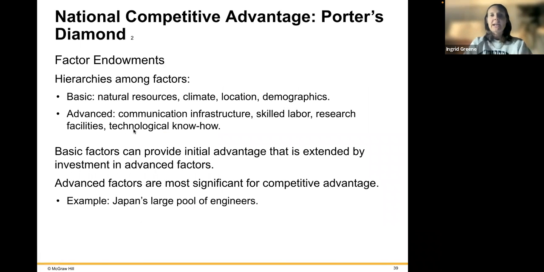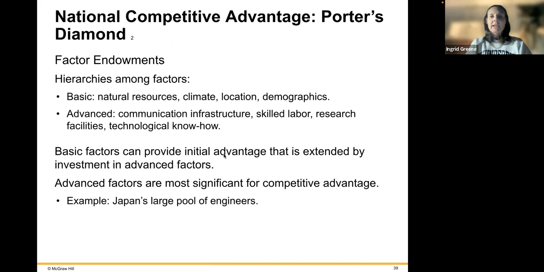So the first one, factor endowments. These are basic things like natural resources, climate, location, demographics, but it's also about communication infrastructure, skilled labor, research facilities, and technological know-how, which, as we've spoken about in this course a few times, are a result very often of the government and supporting education. So these are all considered factor endowments.